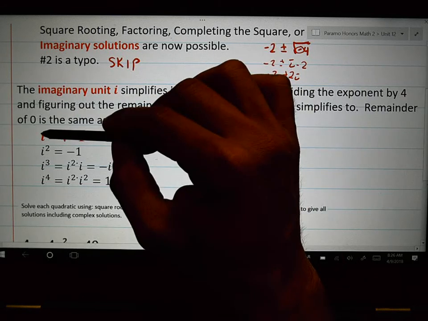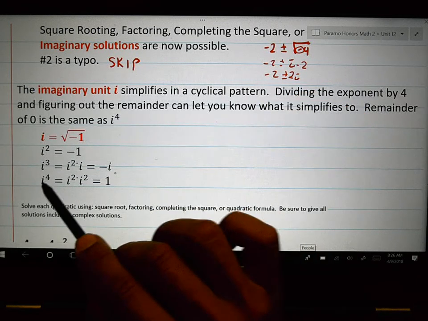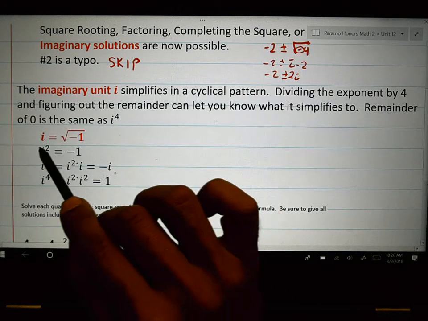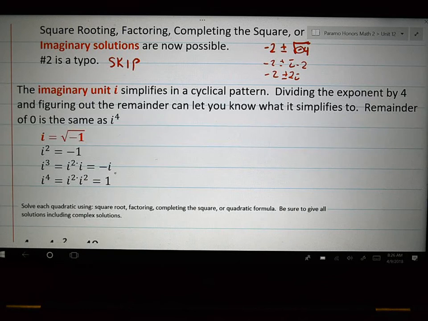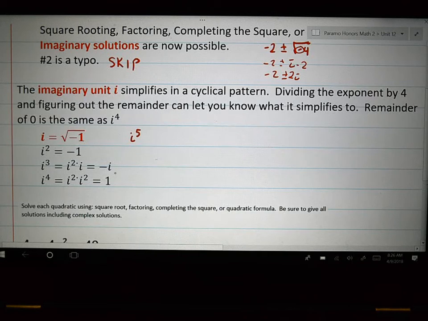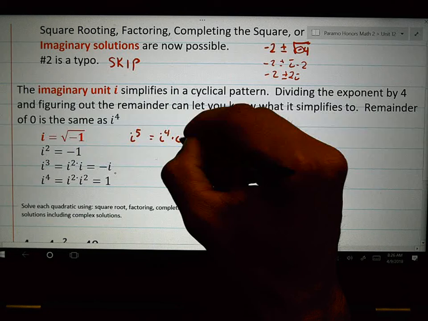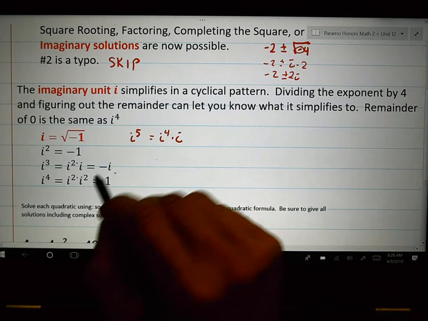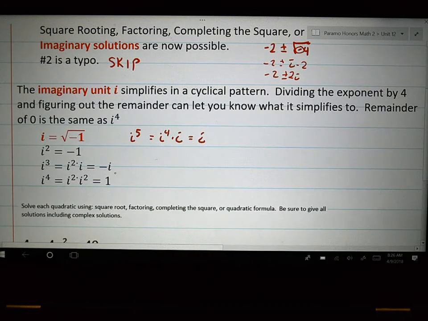It goes i, negative 1, negative i, and then i to the fourth is the same thing as i squared times i squared, which is negative 1 times negative 1, which simplifies to positive 1. i to the fifth is the same thing as i to the fourth times i. i to the fourth is the same thing as 1. 1 times i simplifies to i.